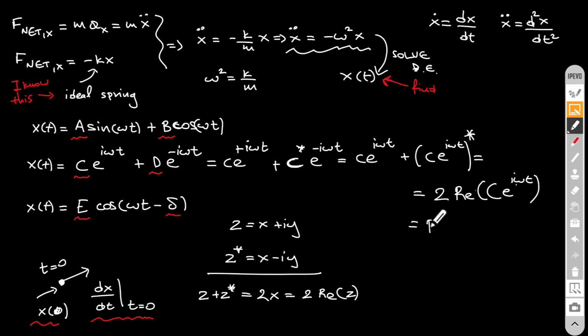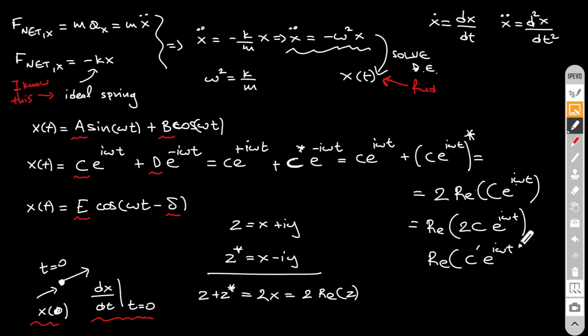Now I can place the 2 inside the real part, since 2 is a real number. And I'm going to rename: I'm going to say c prime is equal to 2c, just to make my life a little bit more simple.